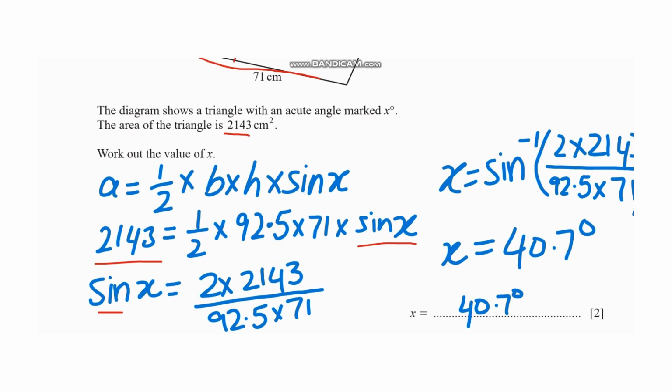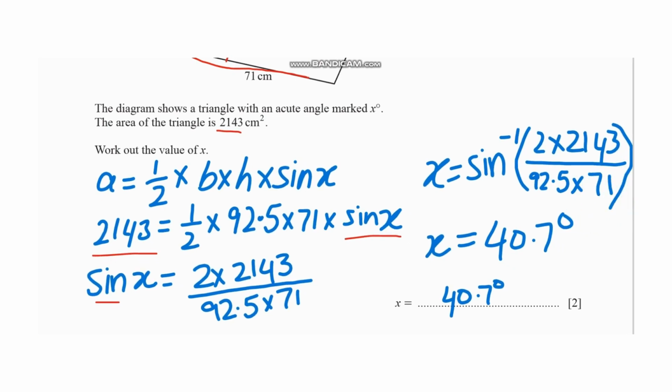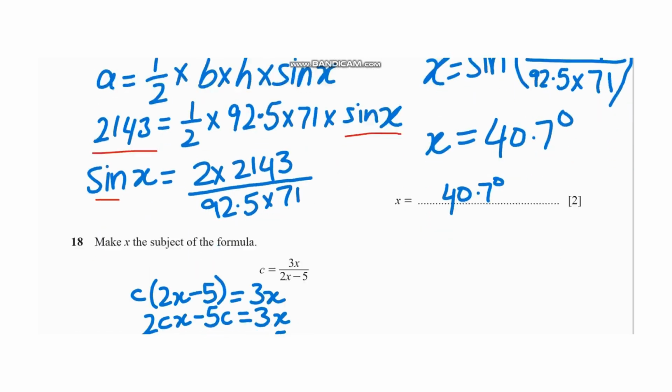So sine inverse, brackets open, 2 multiplied by 2143 divided by 92.5 multiplied by 71. So the angle is 40.7 degrees. So this will be the final answer.